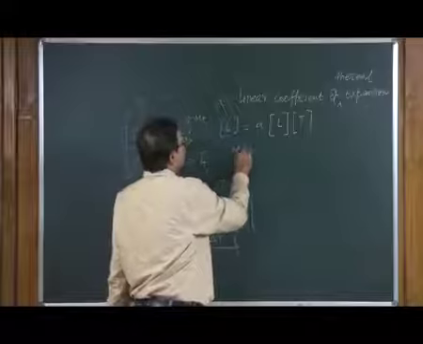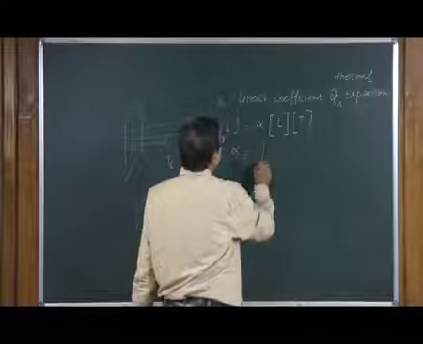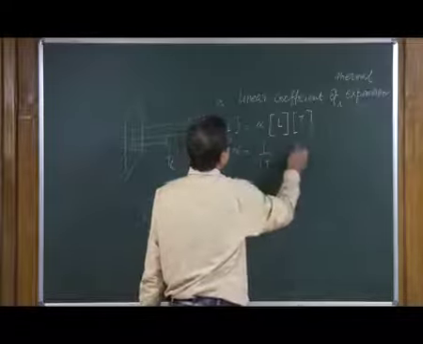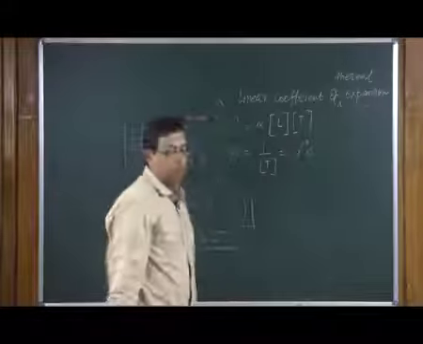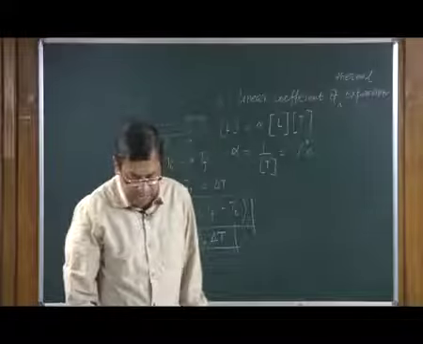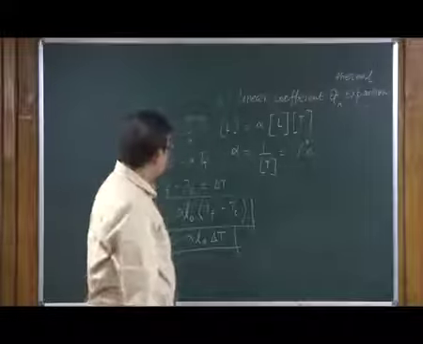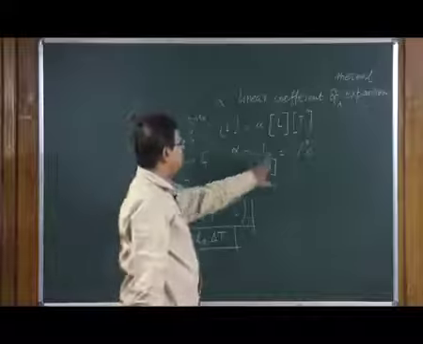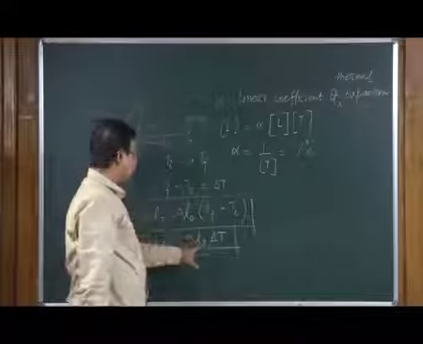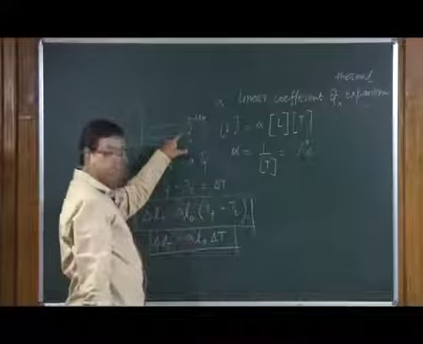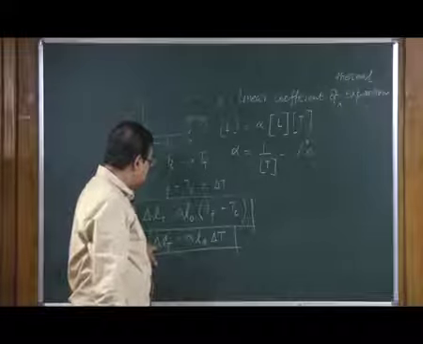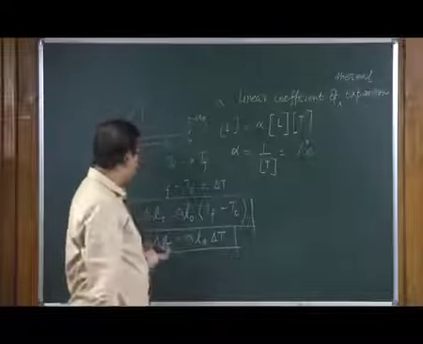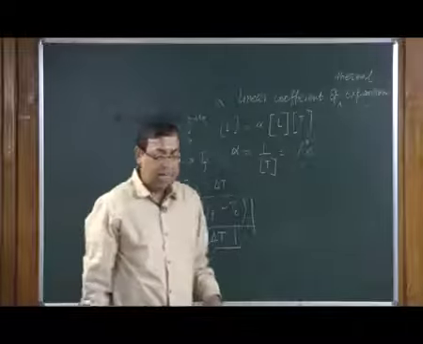So, alpha is 1 over temperature, which we usually say in per degree centigrade. L0 is the initial length, which is known, and delta T is the temperature difference that causes an elongation of amount delta L T.